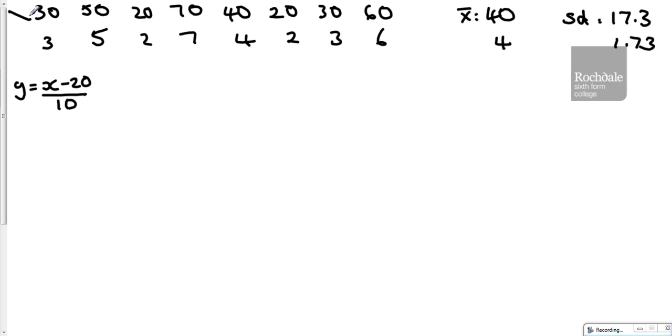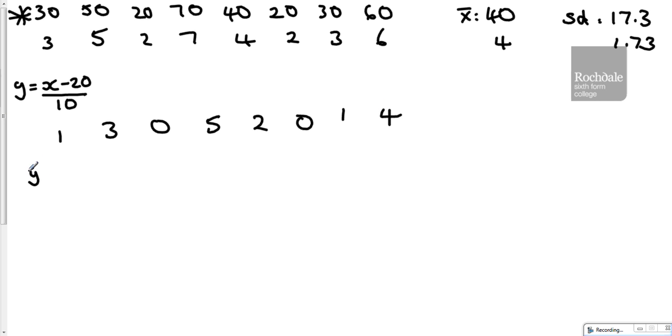So going back to this original set of data, if we take away 20 and divide by 10, you can check I'm doing these right, I think you get 1, 3, 0, 5, 2, 0, 1, and 4. So for example on the last one, 60, take away 20 is 40, divided by 10 is 4. So that's our new set of data.